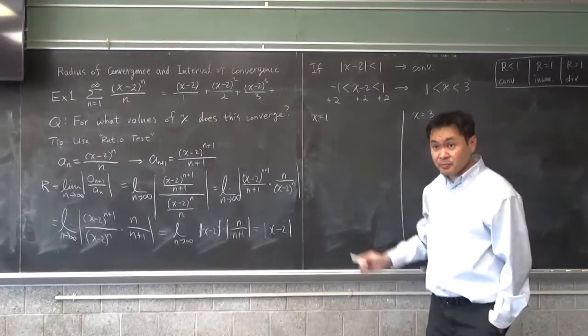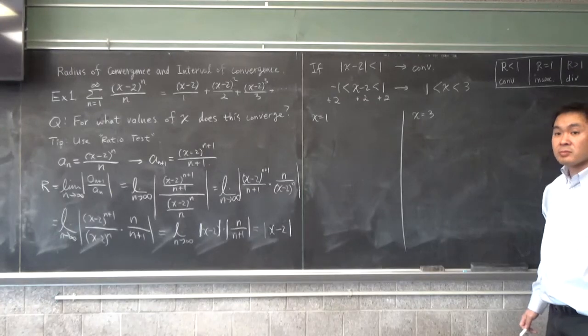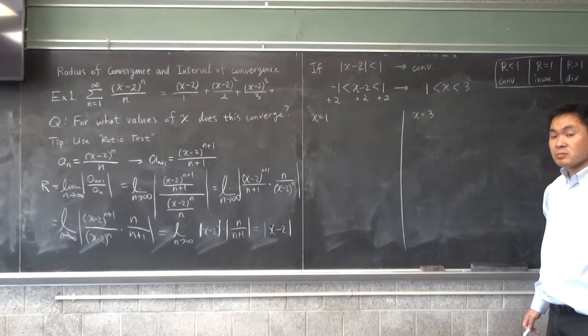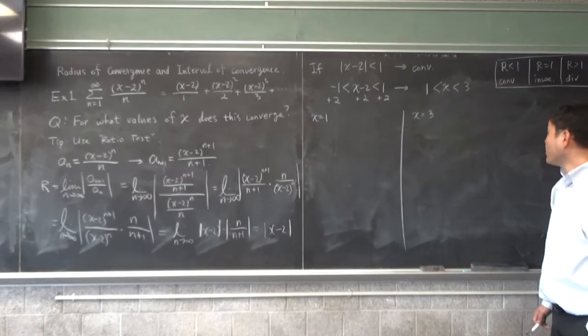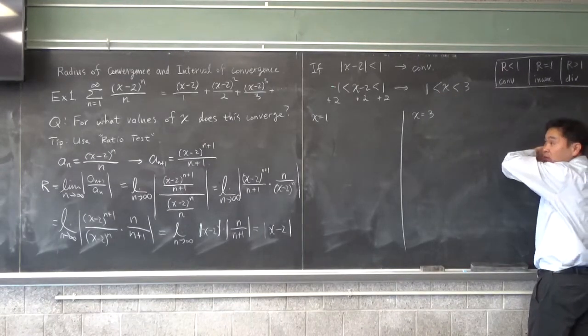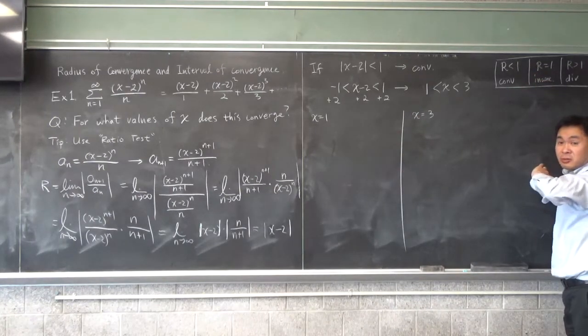So with the strict inequality signs, because it says x has to be greater than 1 and less than 3 instead of less than or equal to, this is the case when it falls to r less than 1. These are the cases when it falls to inconclusive.